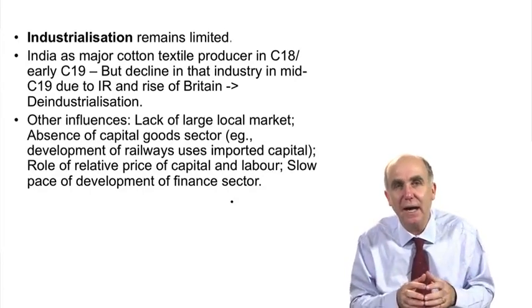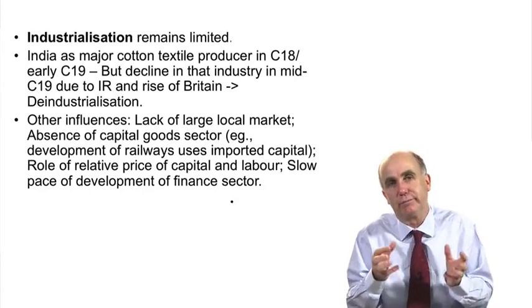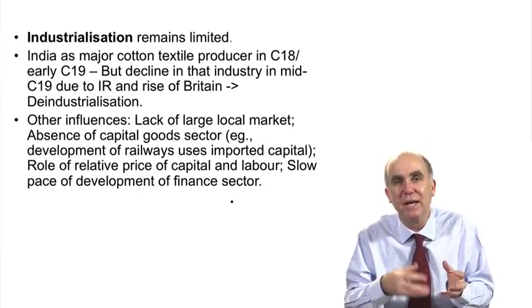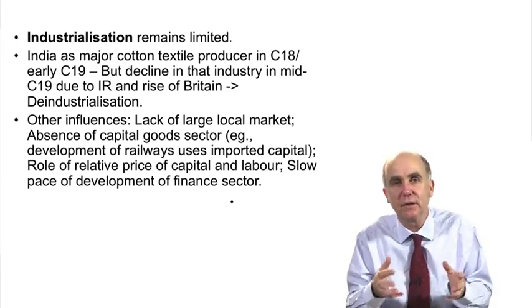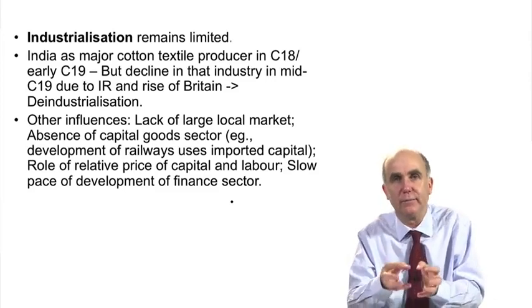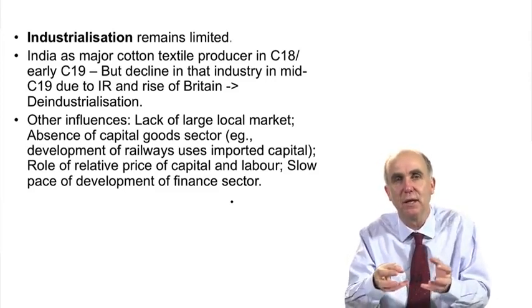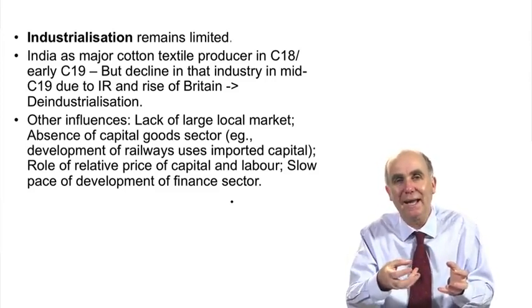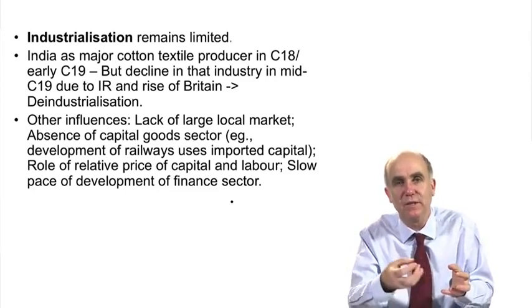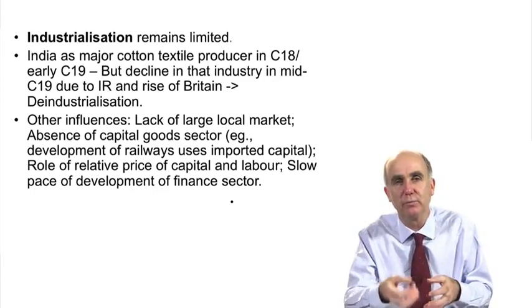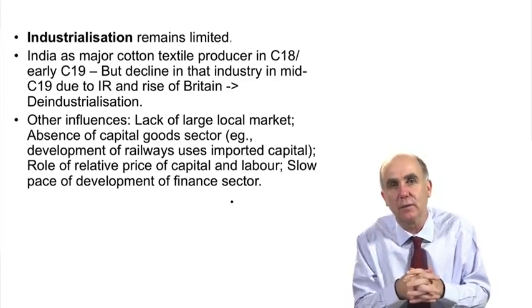There's a range of other influences which are regarded as having impeded the development of industry in India during this period. The lack of a large local market, by which I don't mean just population size, but a market who had the income to afford the type of industrial manufactured goods which were being produced in the Industrial Revolution era.